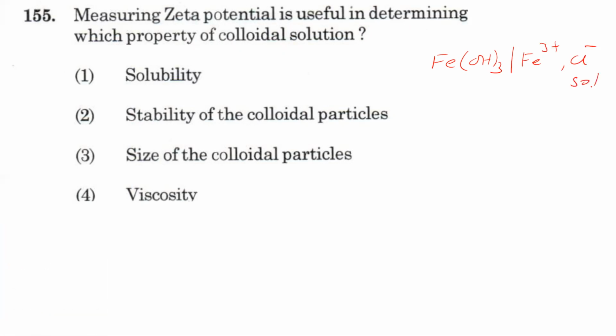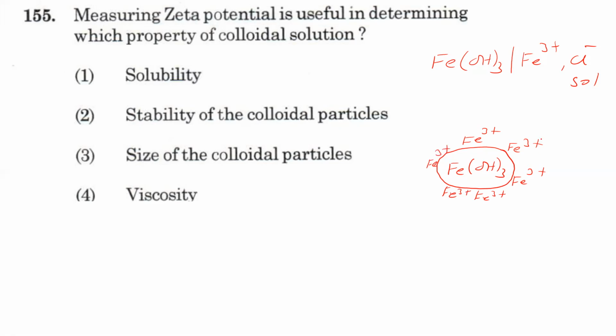This sol is an aggregation of Fe(OH)3 particles. Now this size is equal to colloidal size. Then over this surface, what ion will be there? Fe3+ ions will be there, because it is a positively charged colloid. So on the surface, Fe3+ ions are present like this.